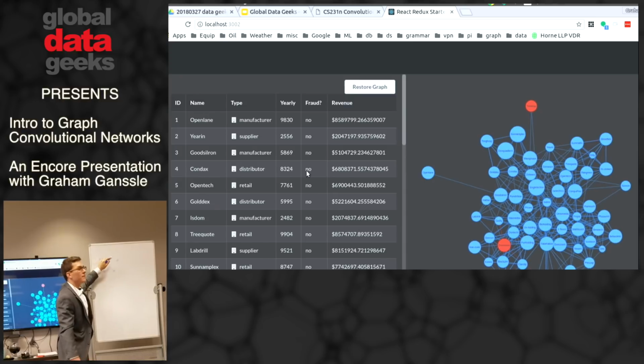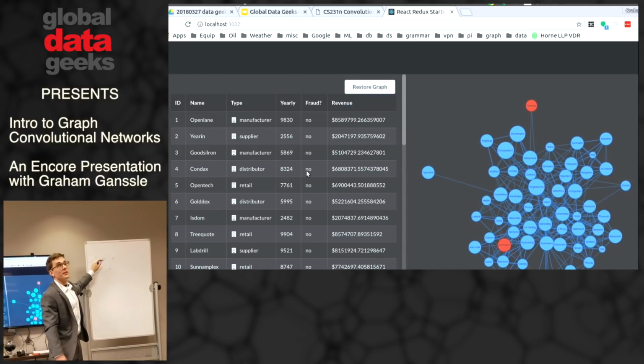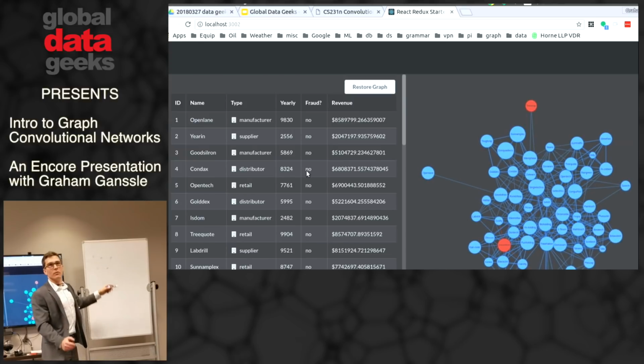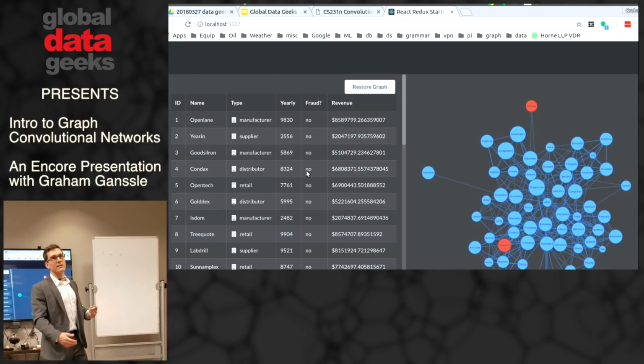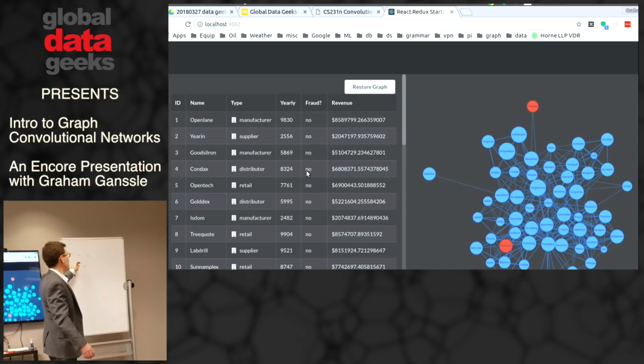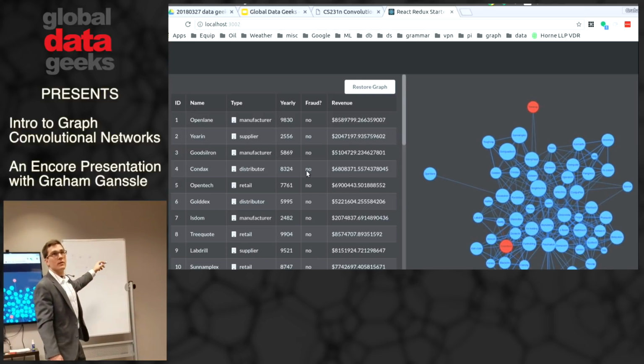If these connections are fraud, connections are monetary transactions, we can perform standard analytics techniques, logistic regression, whatever, to train a system to learn if these are fraud or not.